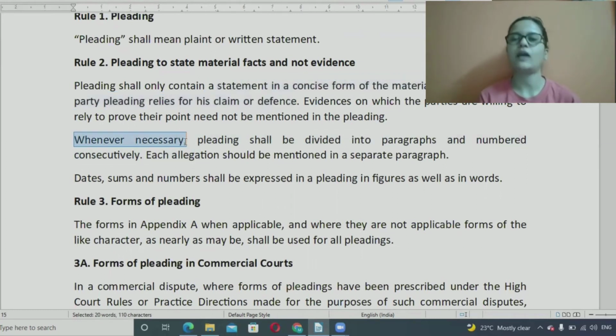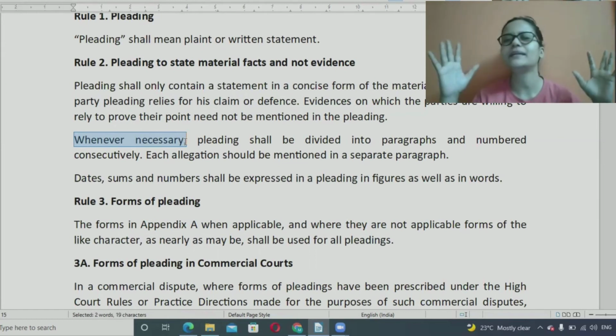Whenever necessary. Now, while writing one story, it's fine if it has happened in one day. Sometimes it may be a story of generations altogether. This happened at the stage of great grandfather, this happened at the stage of grandfather, father, son, like that. There is an entire very broad detailed story. This happened, that happened, so many parties involved and everything.